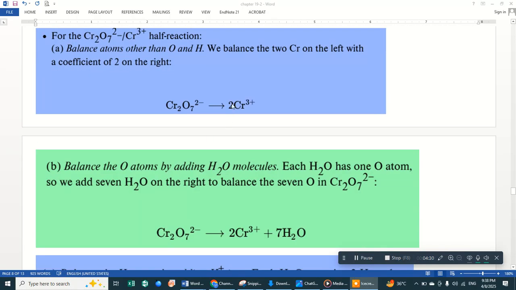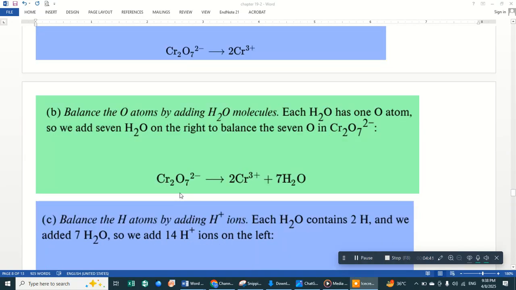Next, we start the balancing of the equation. Start from oxygen. On the reactant side, there are 7 oxygens. To balance this oxygen, we put 7 water molecules on the right hand side, the product side. As a result, 7 multiplied by 2, 14 hydrogens are produced.